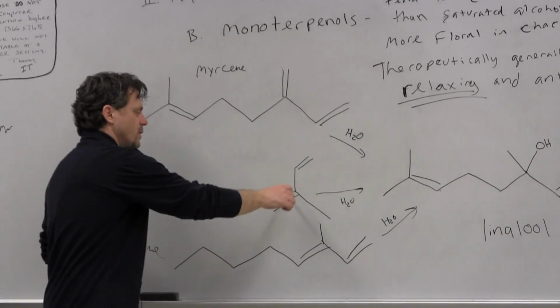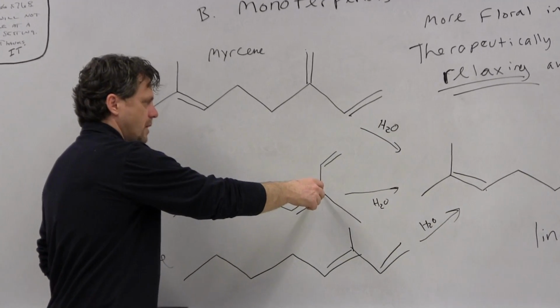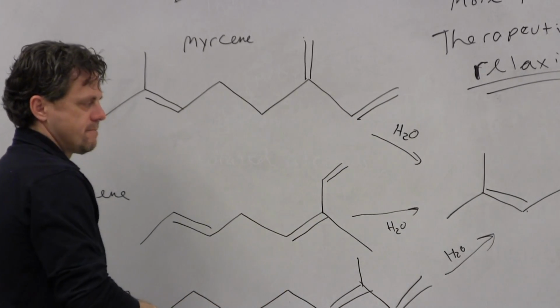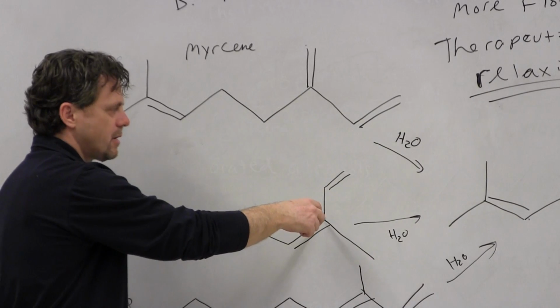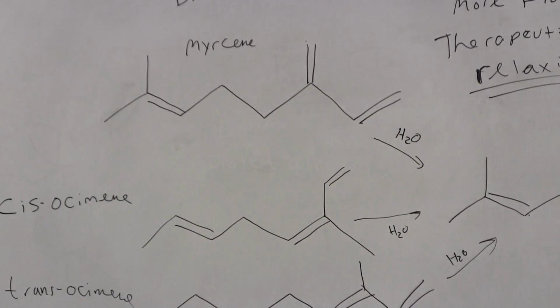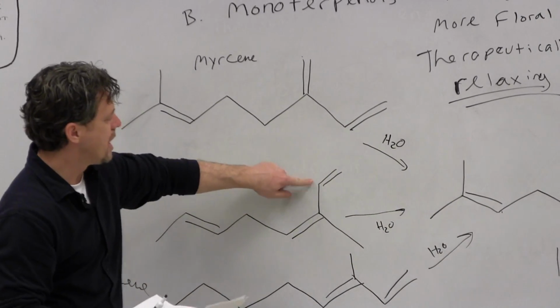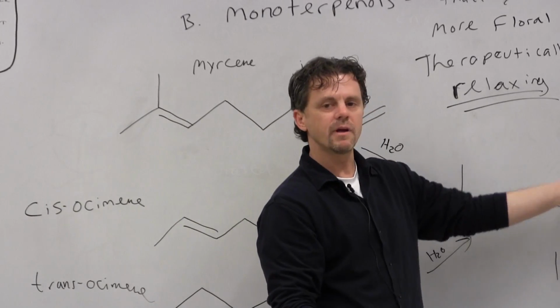Because remember, once the water's added across here, it's a single bond now, and there's free rotation around the single bond. So even though this group is shown up here, and that one's shown down there, this is constantly rotating.